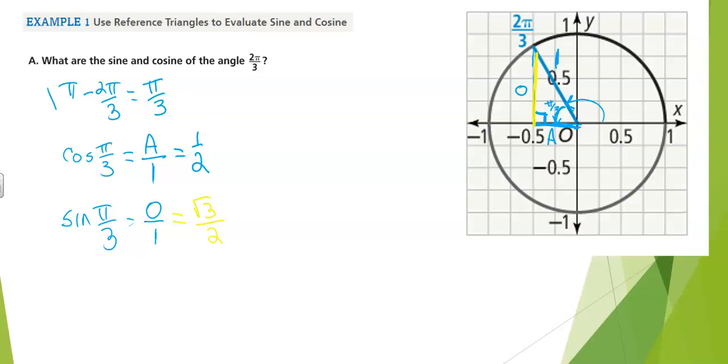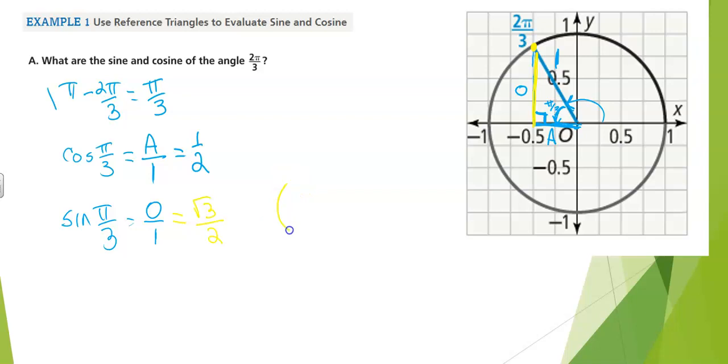Now what's interesting here, I think, is this point right here is the length, and then we have to add in the direction too. But it's the length of the short leg of the reference triangle.